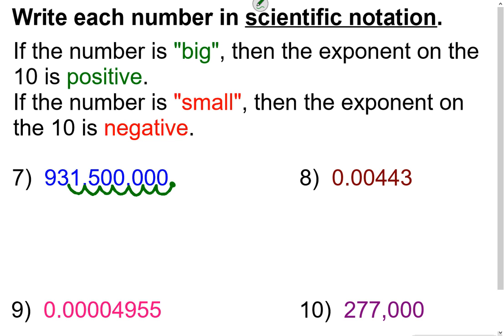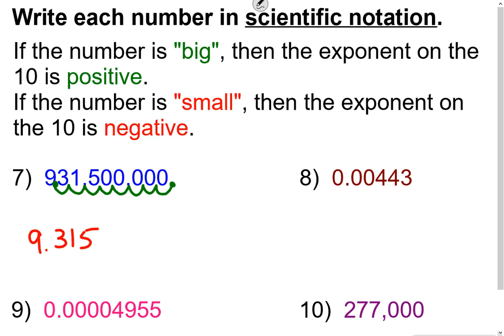Right there, I'd be at 93.15. But if I go to here, now I'm at 9.315. I might have a number between 1 and 10. So my a value in this one is going to be 9.315. We don't put all the zeros on there.